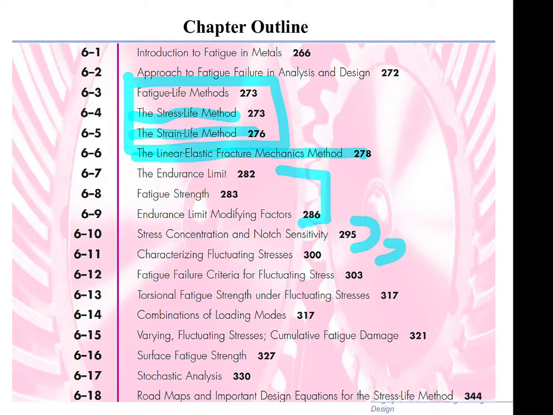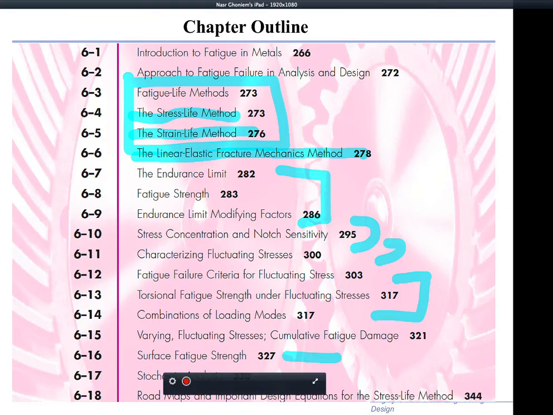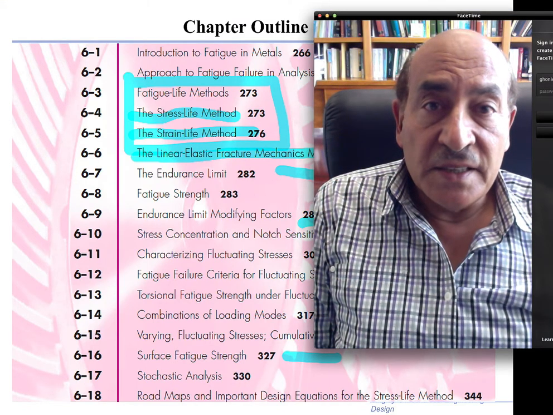And then we will devote some time on fatigue under combined loading, because that's important if we have torsion and bending in shaft design, for example. And then finally, we will just look at surface fatigue strength as a qualitative aspect of fatigue. And in these lectures, I'm not going to address the stochastic aspects of fatigue design.